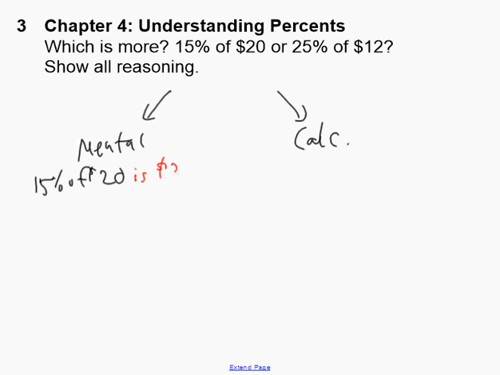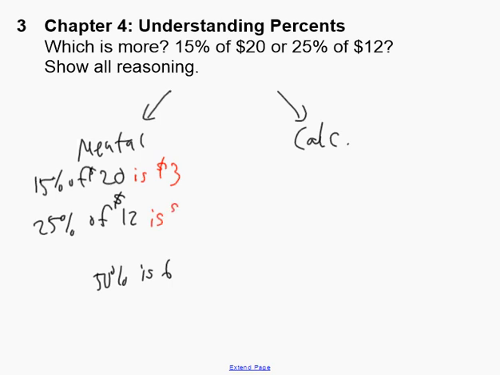So we'll put that right here. And then we'll do the next one. So what's 25% of $12? Remember, when we find 25%, we have to say, well, what's 50%? And since 50% is $6, because that's half, then 25% is half of that, and half of $6 is $3.